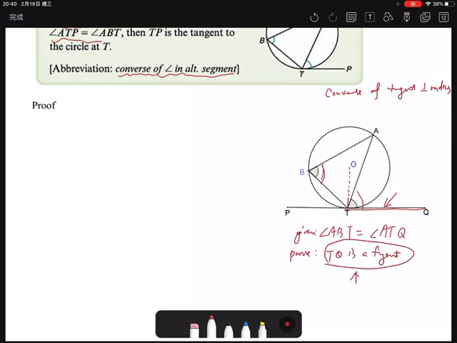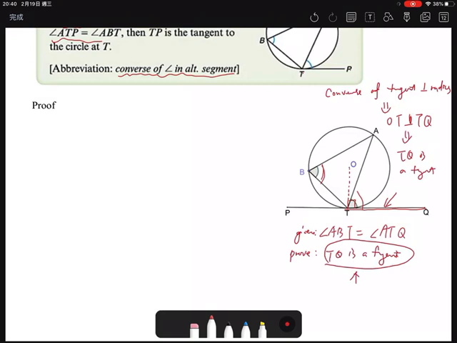It means that if we can prove OT is perpendicular to TQ, then TQ will be the tangent. So we will prove OT perpendicular to TQ, and then we can prove TQ is a tangent.